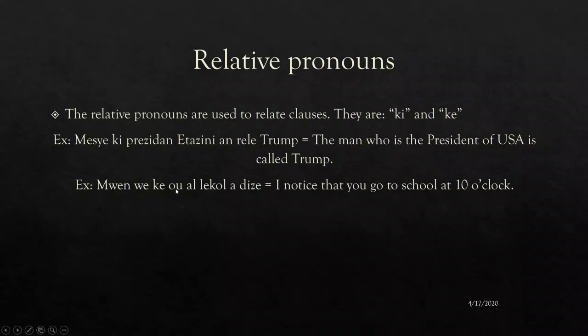Ou, I'll go to. Al is short for aller, so we say go to. We don't translate that here. I'll explain to you why. School is l'école at 10 heures. Okay, 10 o'clock.